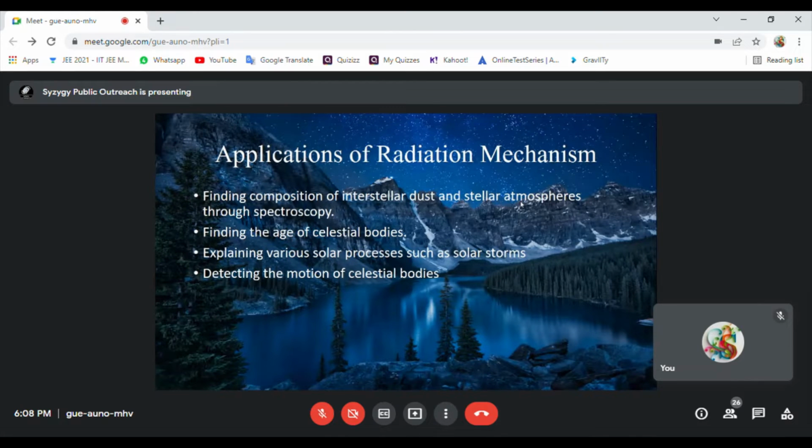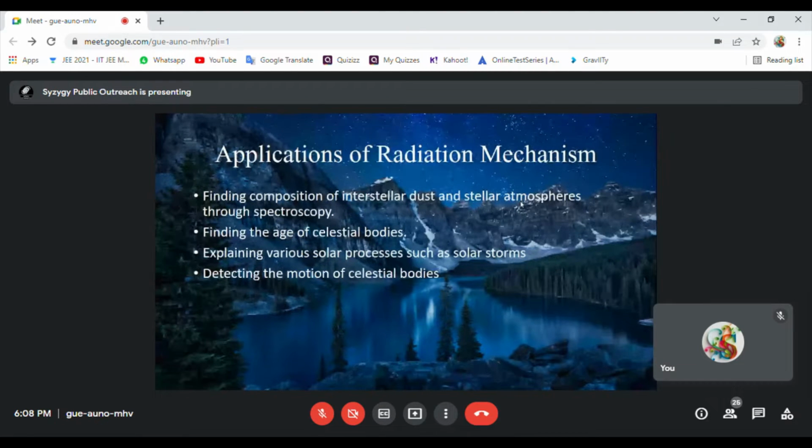And the fourth application is detecting the motion of celestial bodies. Now, we know that our universe is expanding, and even the stars and planets are not at rest with respect to each other. So if we want to know whether a star is moving away from us, in which direction, and at what velocity, we just observe the light emitted by it.